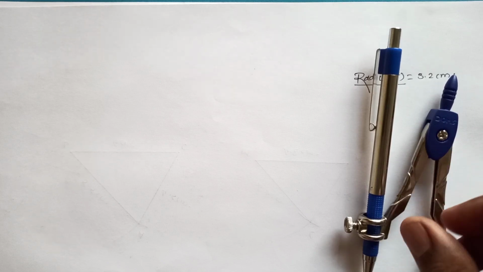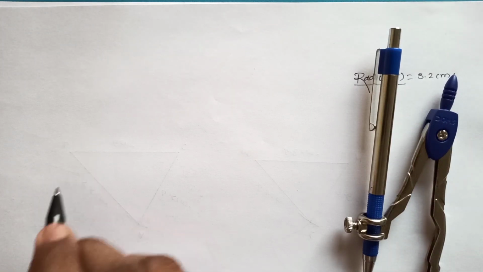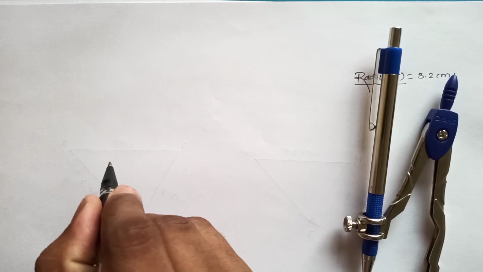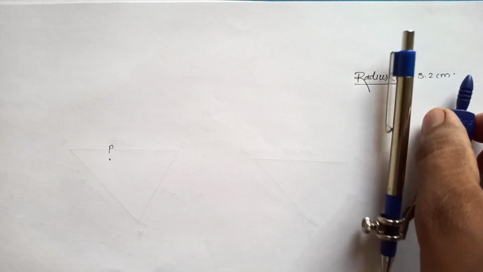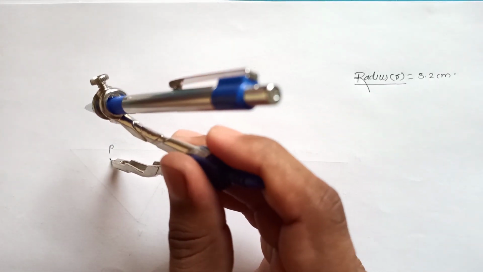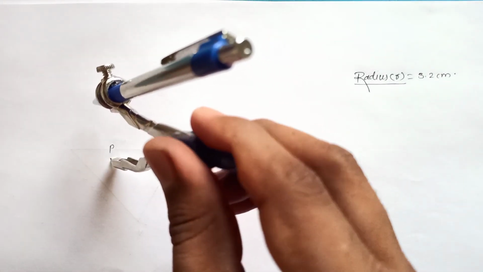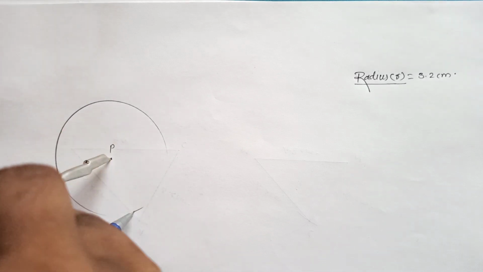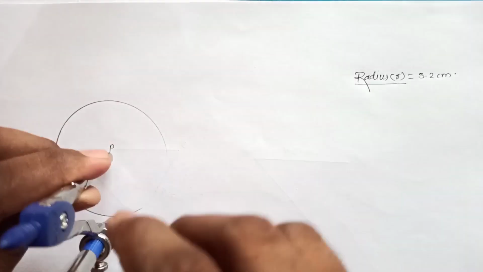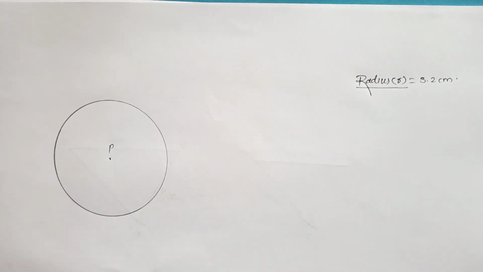Now the center of a circle is P. So let's take that center of a circle here, which is P. Now let's draw that circle of the given radius 3.2 cm this way. So this is the circle with center P and radius 3.2 cm.